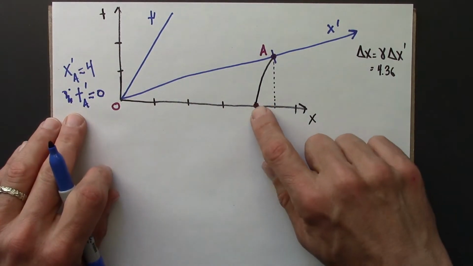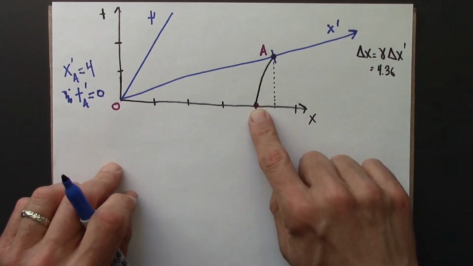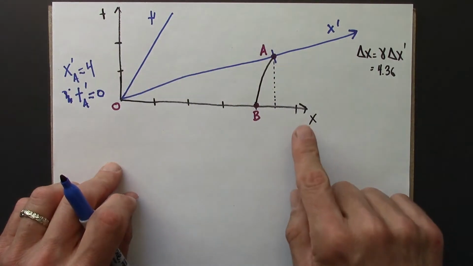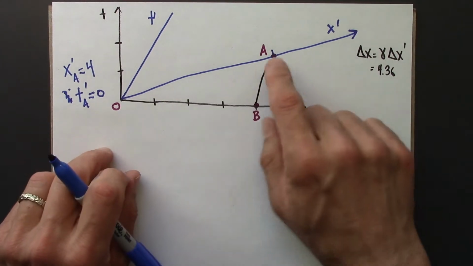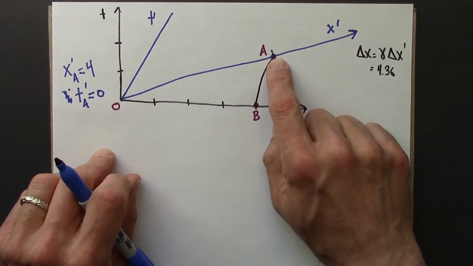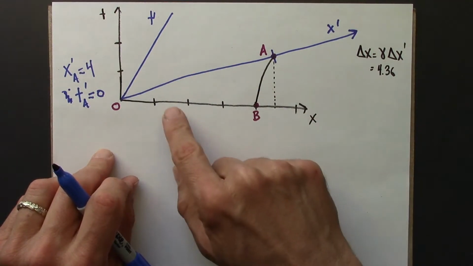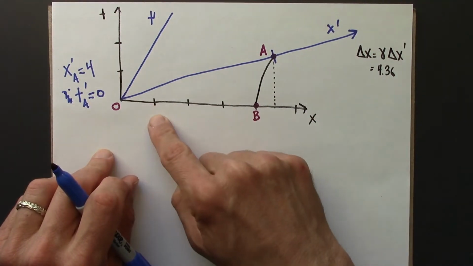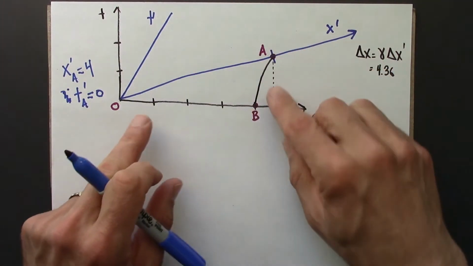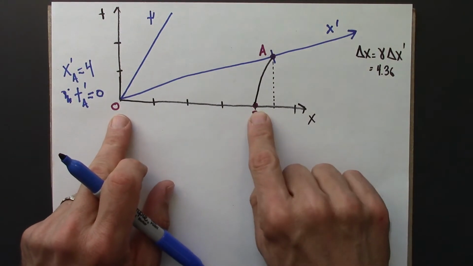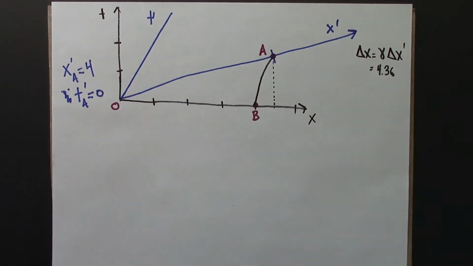And what I would like to do is find the coordinates for B in the unprimed frame, in x and t, not x prime and t prime. So here's what we'll do. I'm going to use the Lorentz transformations to convert this into the black at-rest Anastasia frame. Then, once we have that, we can do just a little bit of geometry, and we'll be able to figure out the value for xB, which is the length of the stick in Anna's frame.